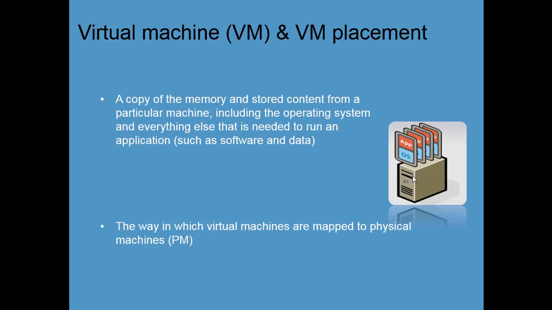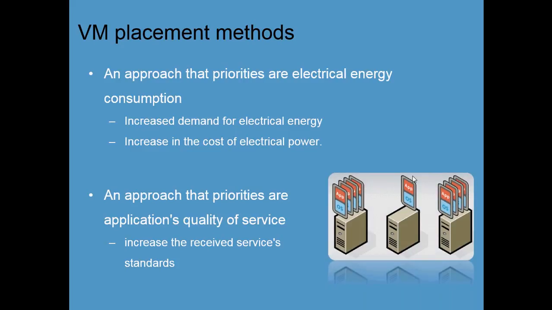For the suitable mapping of virtual machines to physical machines, we need to know the capacity of physical machines, virtual machines' resource requirements, and lots of other factors. In general, VM placement methods can be divided into two categories.